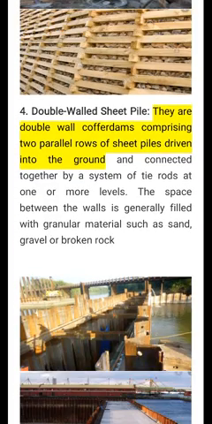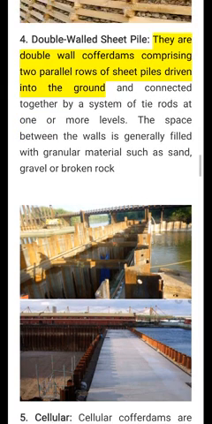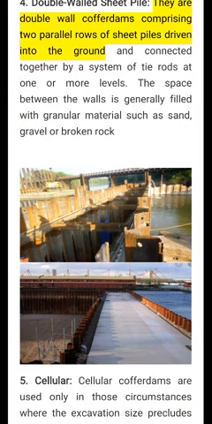Now the double walled sheet pile cofferdam. They have two parallel lines of sheet piling. That means the double wall cofferdam. You can see in the picture there is one wall, beside that bracing, and with that bracing another wall.